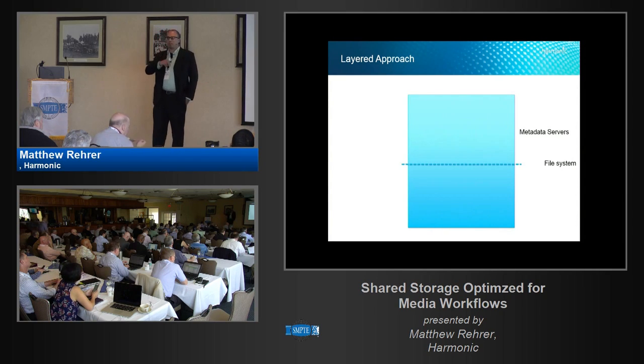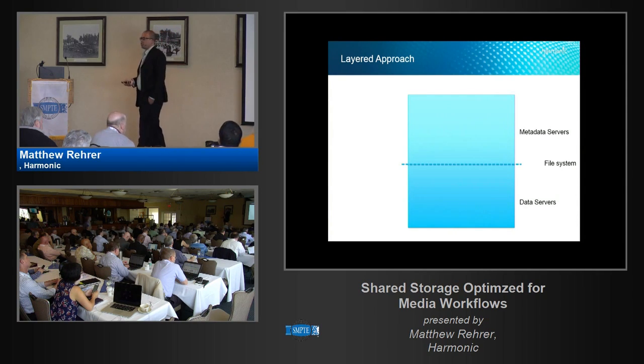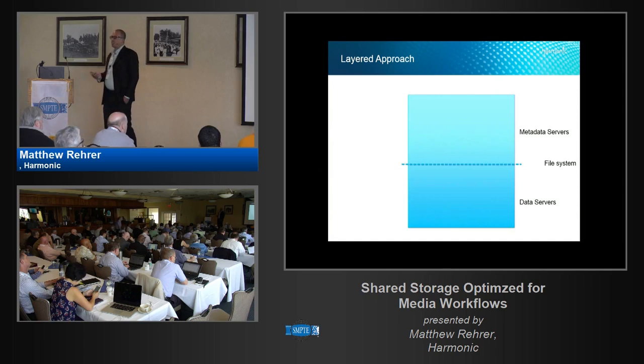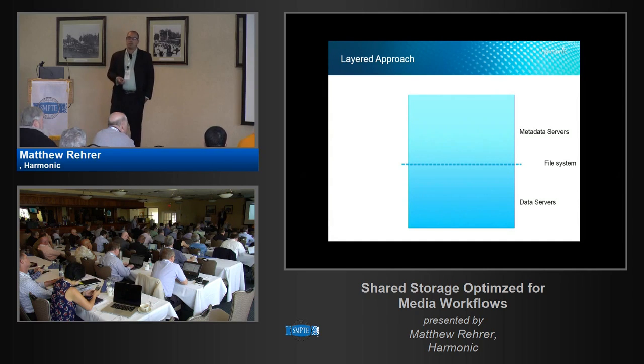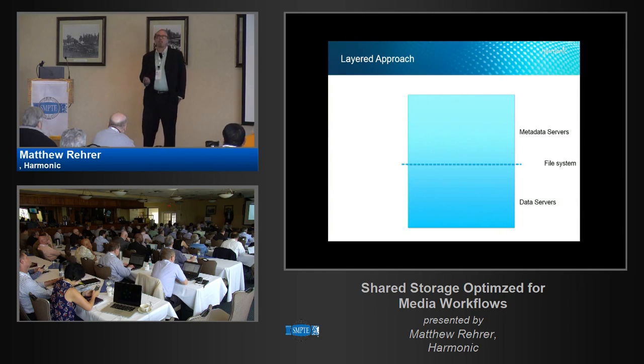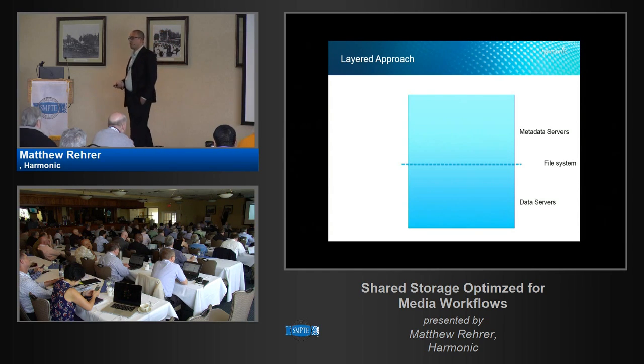So I'm dividing up a file system into its component pieces, and these are not to scale, because obviously the vast majority of the content in your file system is in the data servers themselves.